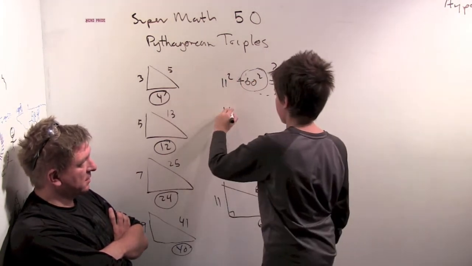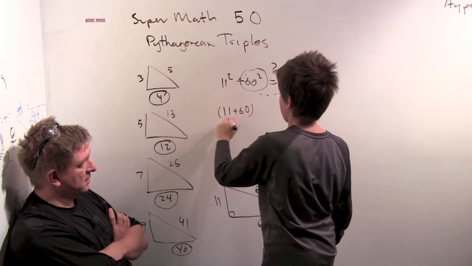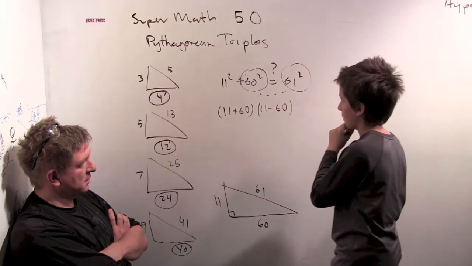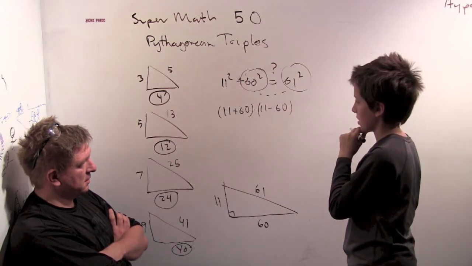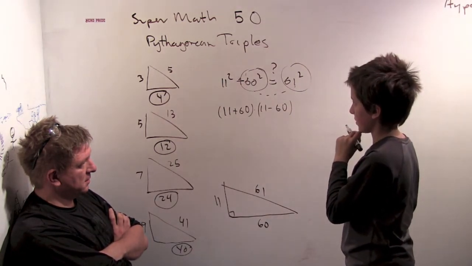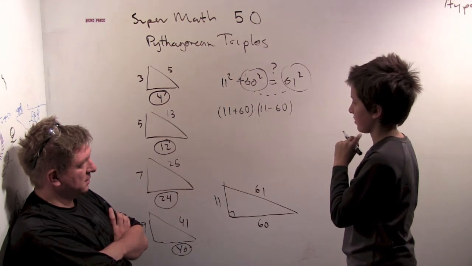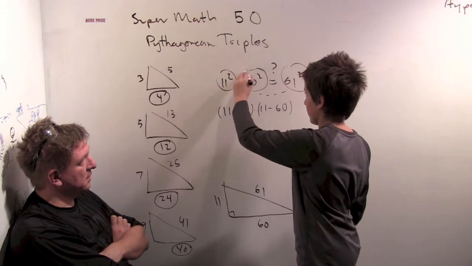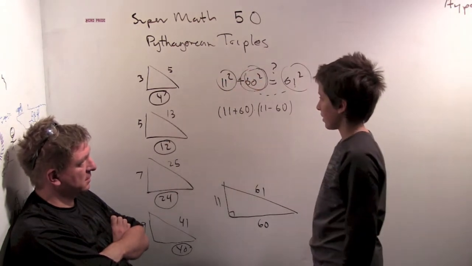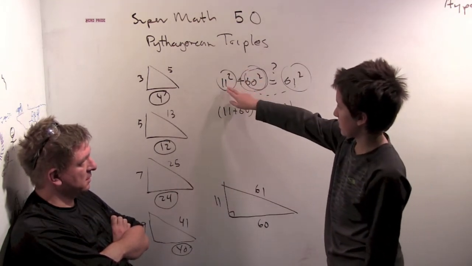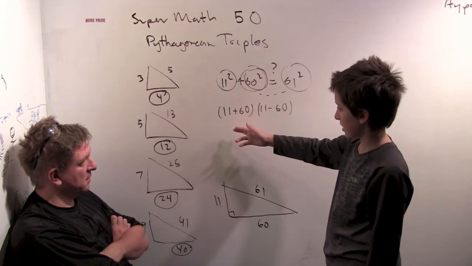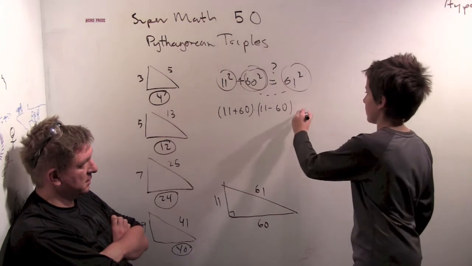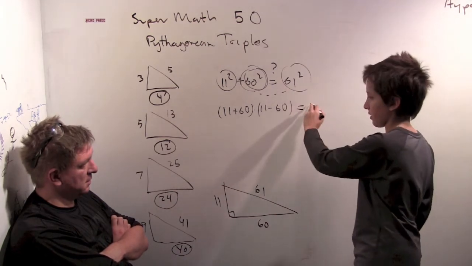We have 11 plus 60 times 11 minus 60. Except it doesn't look like it would work. What do you have on this side? We have an 11 squared and a 60 squared.